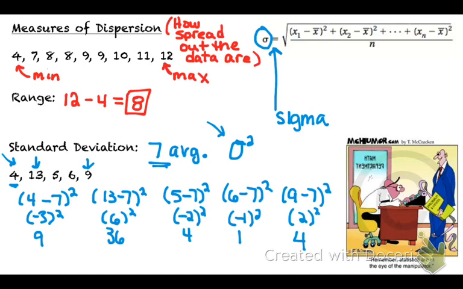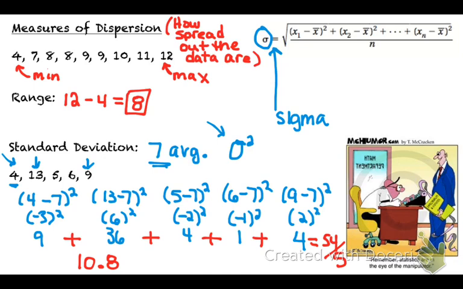Now if we add up all our squared distances, it comes to be equal to 54. And we want to find the average, so we divide that by 5. So our variance comes out to 10.8.